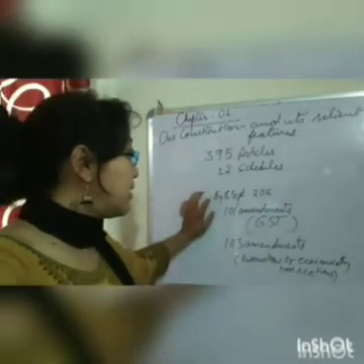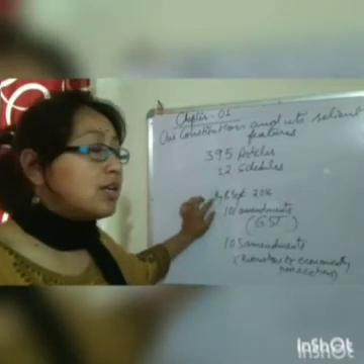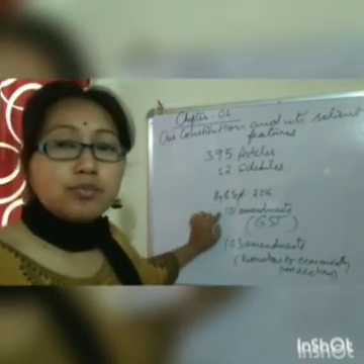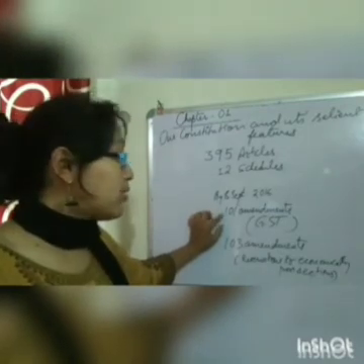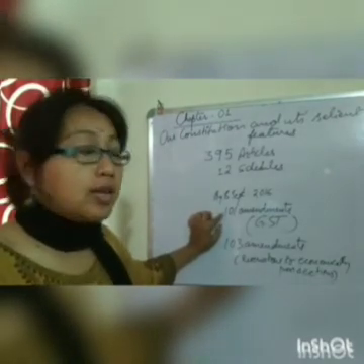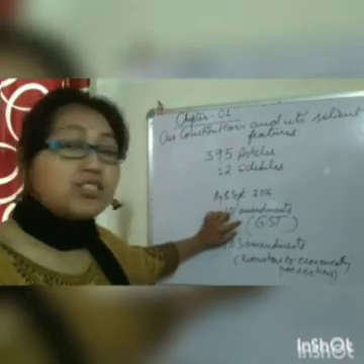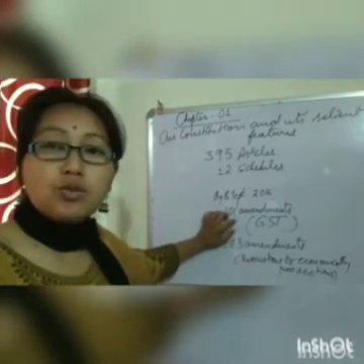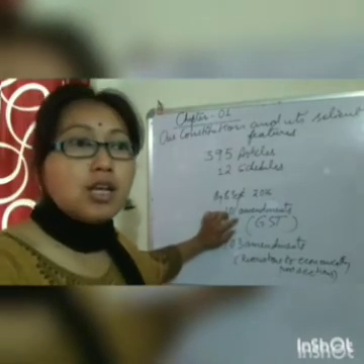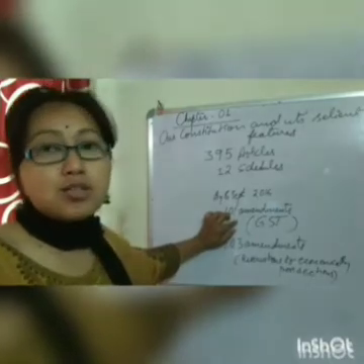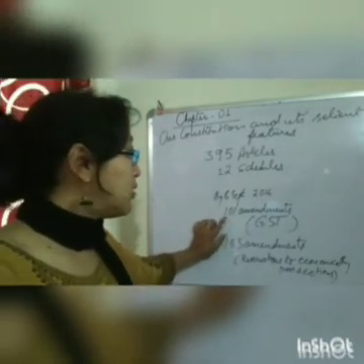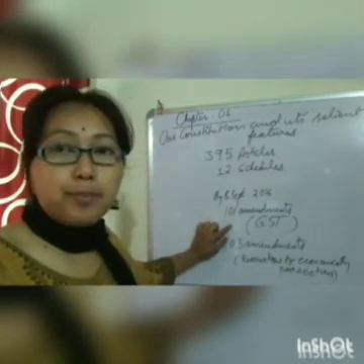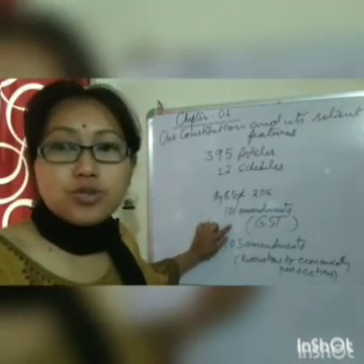We know that on 8th September 2016 there was an amendment to the Constitution, the 101st amendment. That was GST. The full form of GST is Goods and Services Tax. So the 101st amendment was made to the Indian Constitution, right?